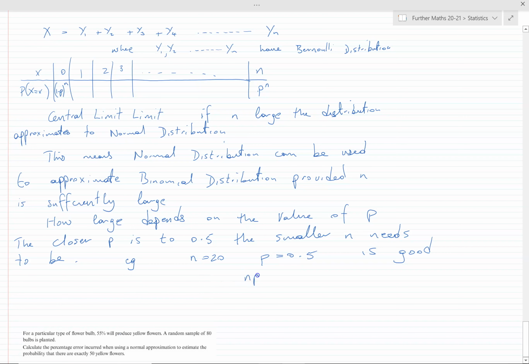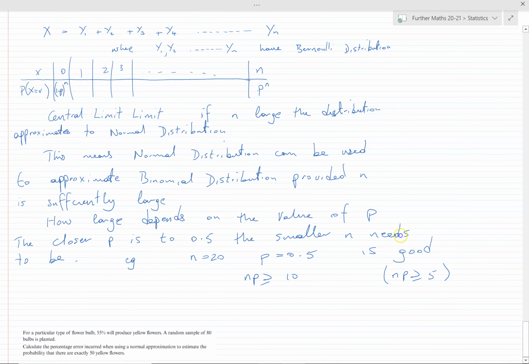Some people say np greater than 10 or greater than or equal to 10. Others say np greater than or equal to 5. Whatever. But basically, if n is sufficiently large, eventually it will approximate to a normal distribution, even if p is really close to 0 or close to 1.